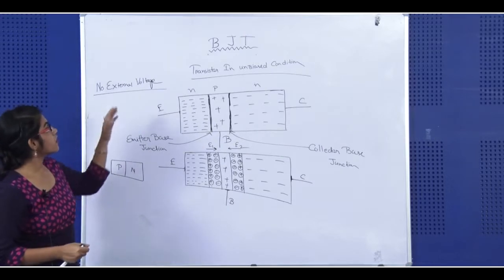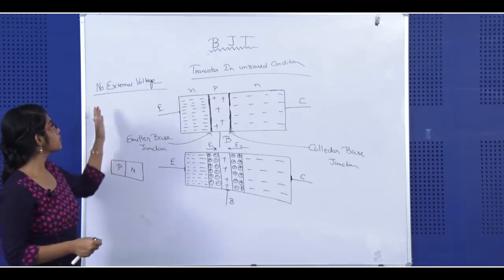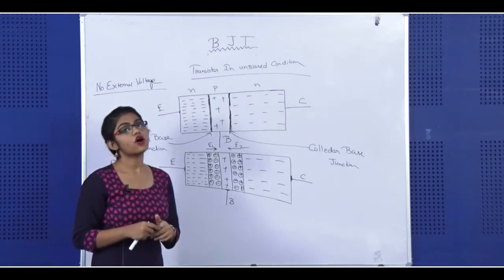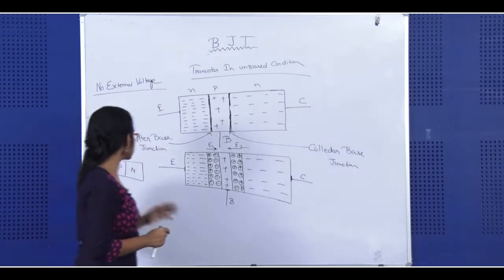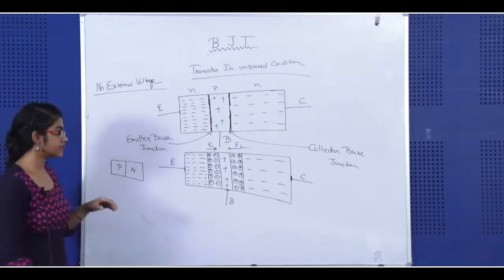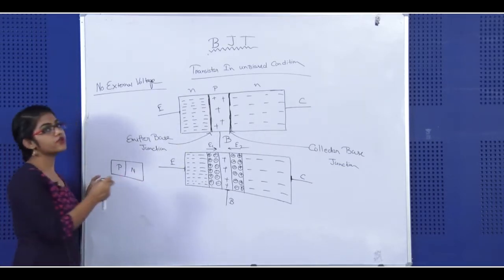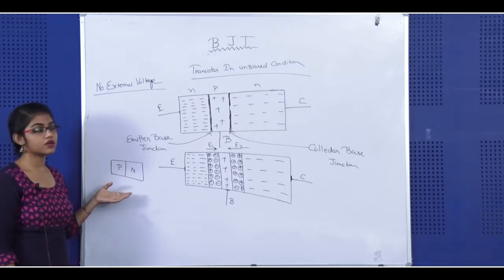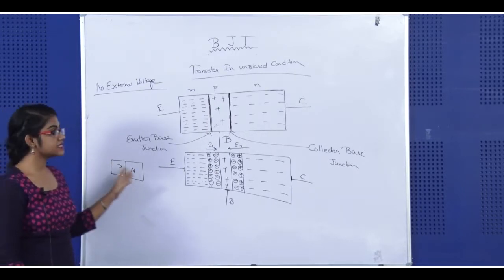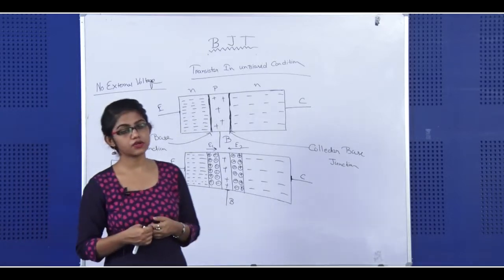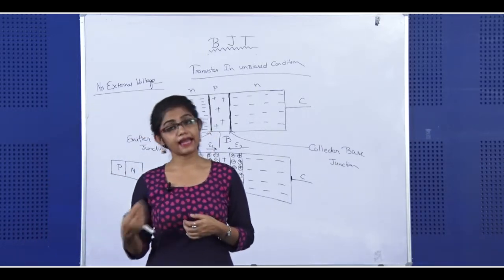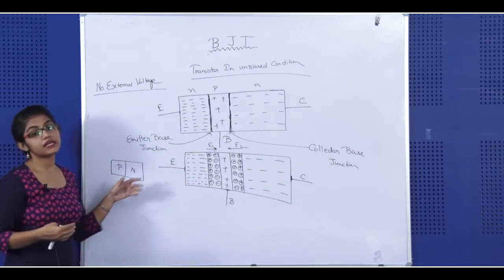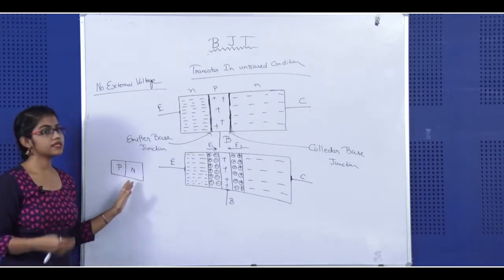Now, in the unbiased condition, that means there will be no external voltage, we will see the activity or involvement of the charge carriers. I told you in the case of a PN junction diode, when P and N type are there, there should be a structural continuity, because if there is no structural continuity between the P type and N type semiconductor, then we cannot see the output or any of the phenomena of the PN junction diode.